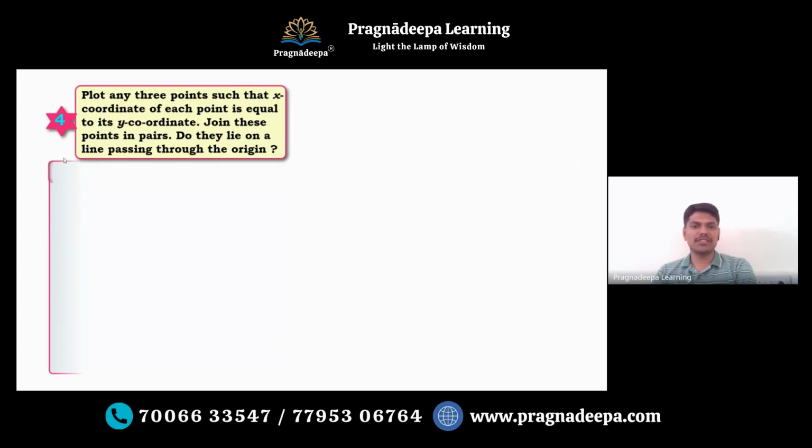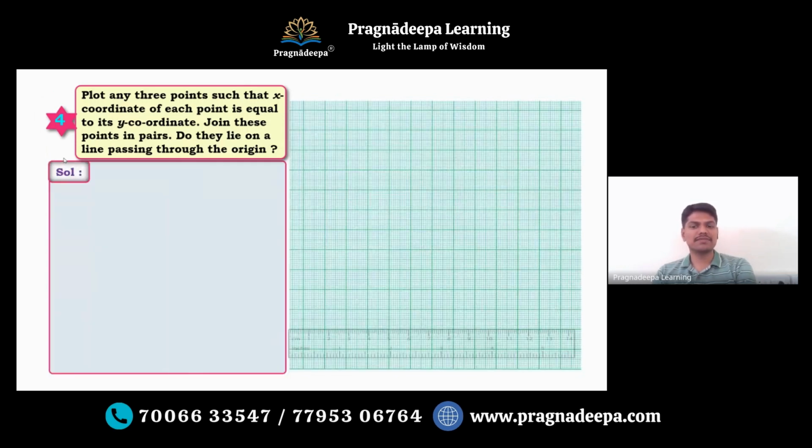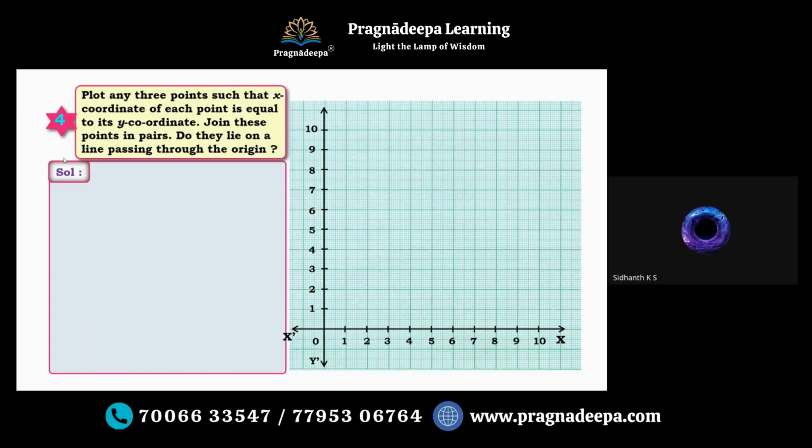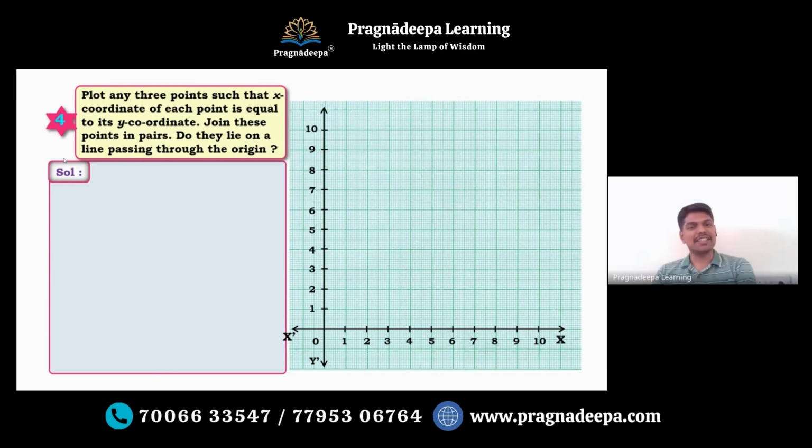Can you give an example for this? Oh, sorry, sir, I was muted. Sir, (2, 2), (3, 3), and (6, 6).